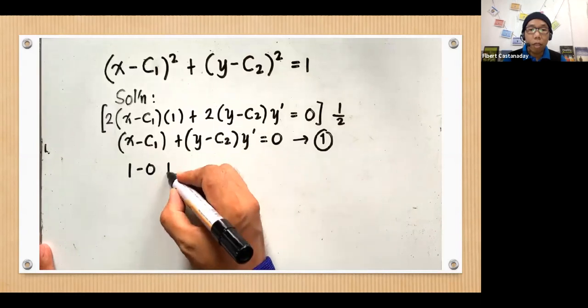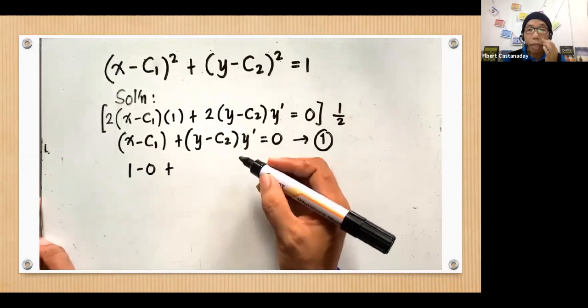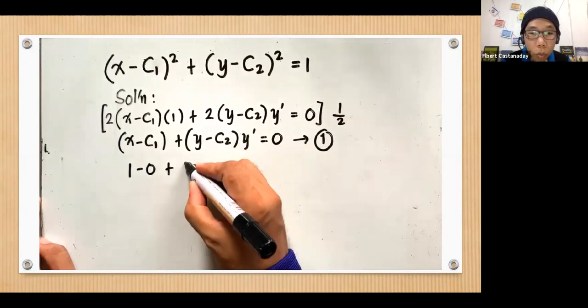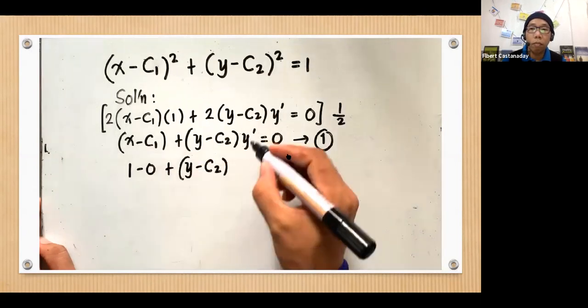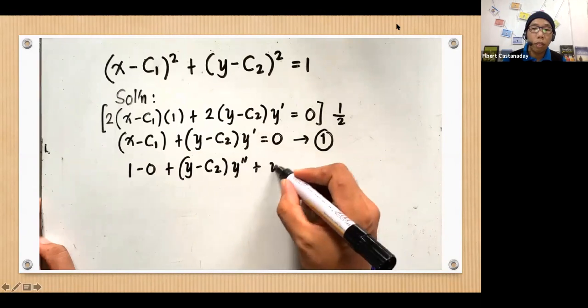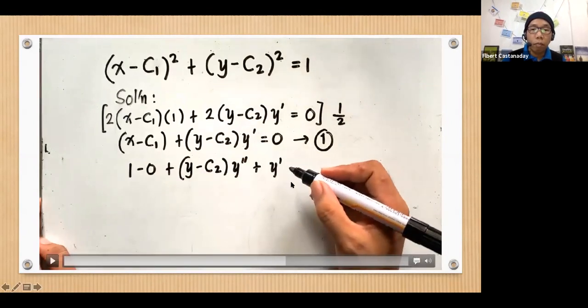And then using product rule for the second term, so you have udv plus vdu na technique. So just copy y minus c sub 2. And then here, so udv, diba?